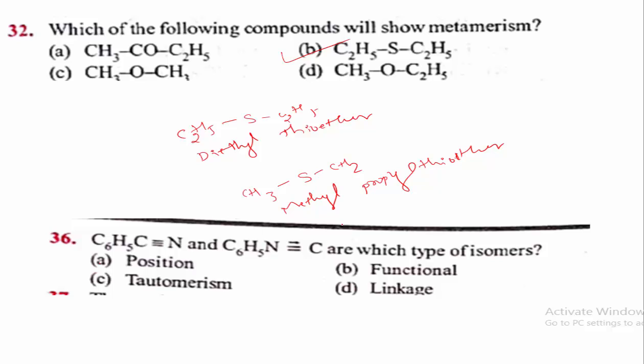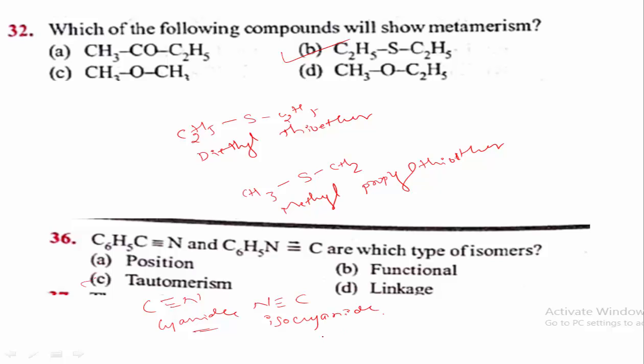Students, remember, when you observe the given isomers, one contains C triple bond N on one side. Is it right? Yes. Here a C triple bond N group is present. In the other one, an N triple bond C is present. Yes, this one is the cyanide functional group, and this one is the isocyanide group.